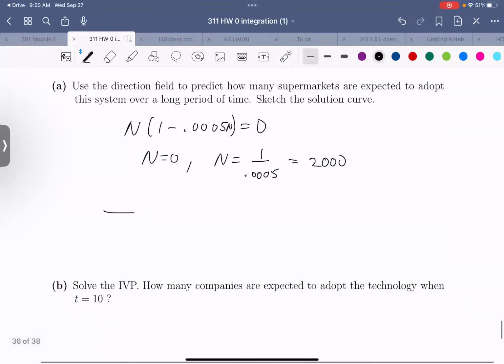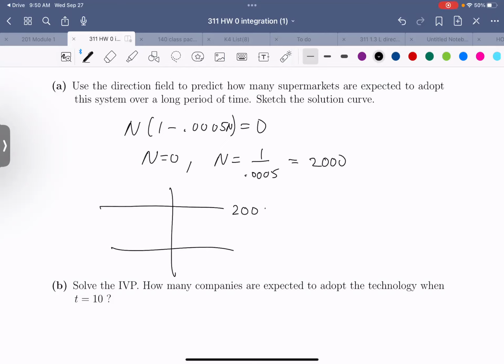And so that is your equilibrium solution up here, right? So you get 0 and you get 2,000, and we know that it'll do something like this. And so long term, we expect there to be about 2,000 grocery supermarkets using this system over a period of time.